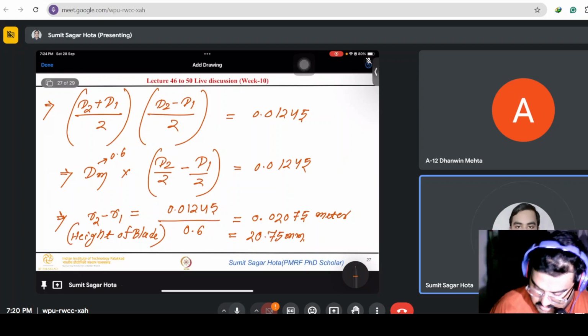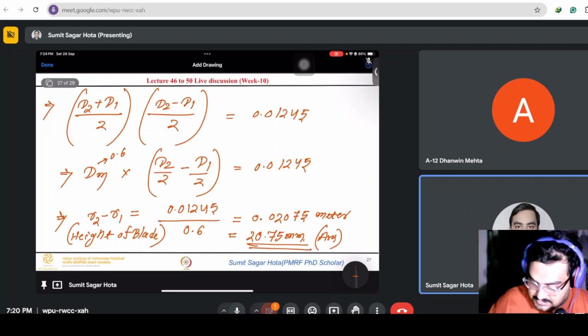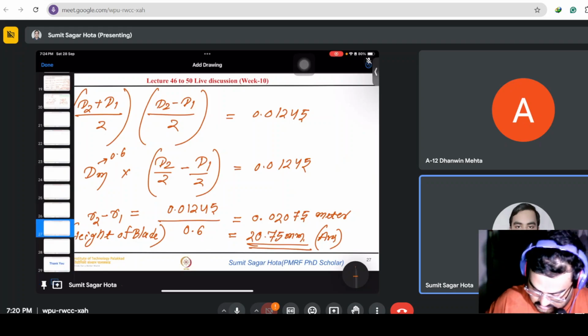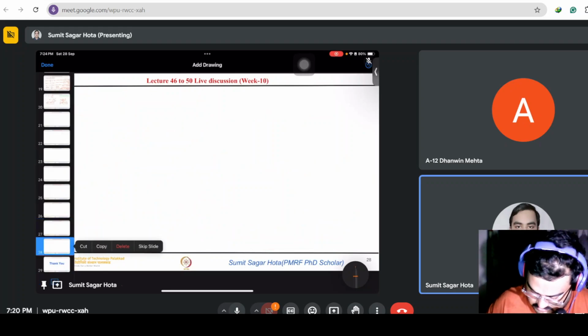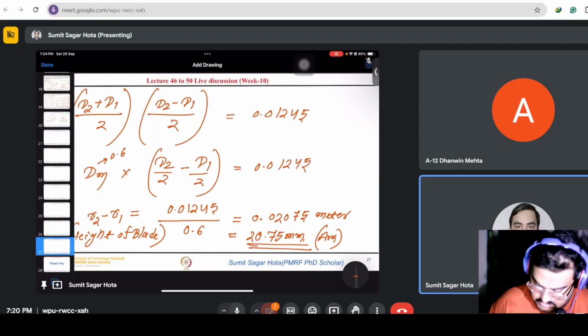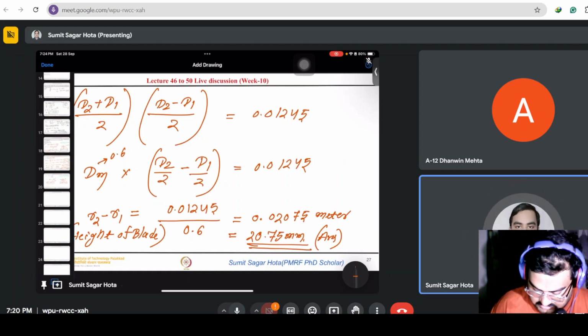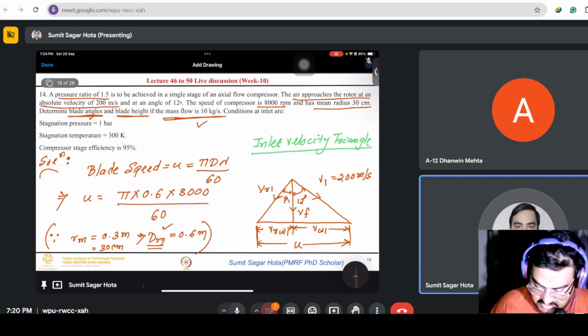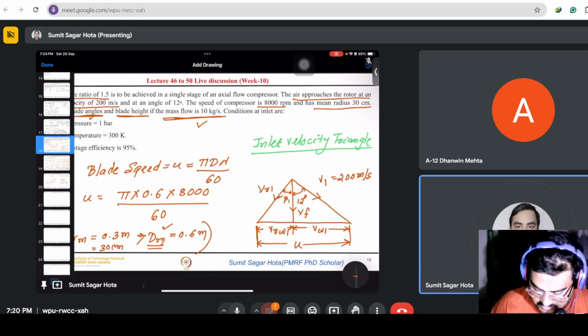This is your answer. So whatever the question asked in this section, the blade angle and the blade height, both things we found out.